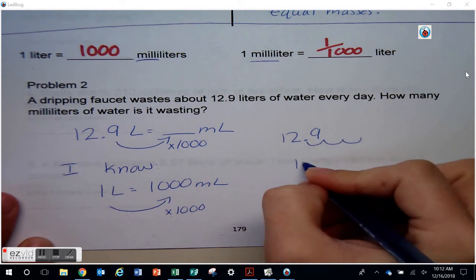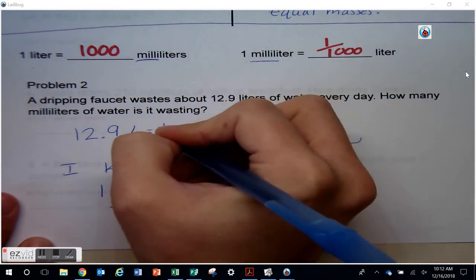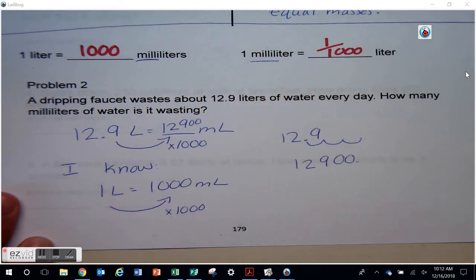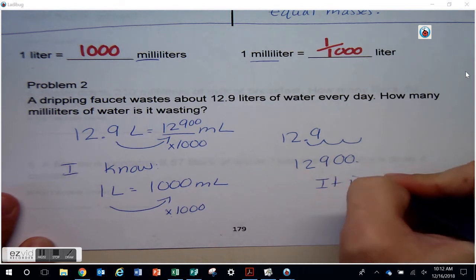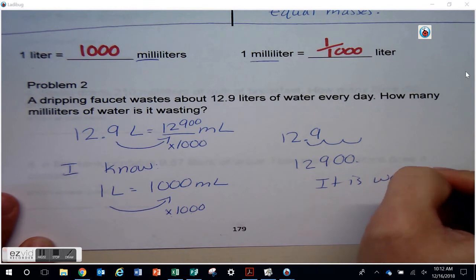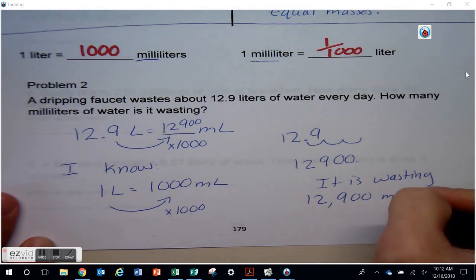So we have 12,900 milliliters. How many milliliters of water is it wasting? It is wasting 12,900 milliliters of water.